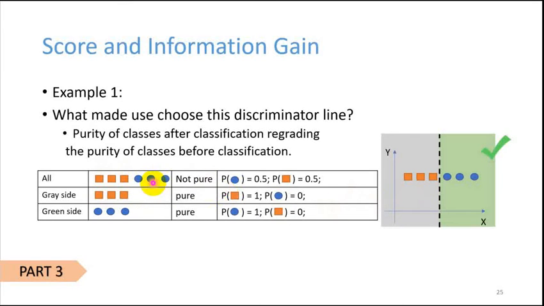The probability here for the blue one is equal to the orange one, and after classification on the gray side, the probability of orange is 1 and the probability of blue is 0, and on the green side, the probability of blue is 1 and the probability of orange is 0. You can see that the purity is good in each branch.